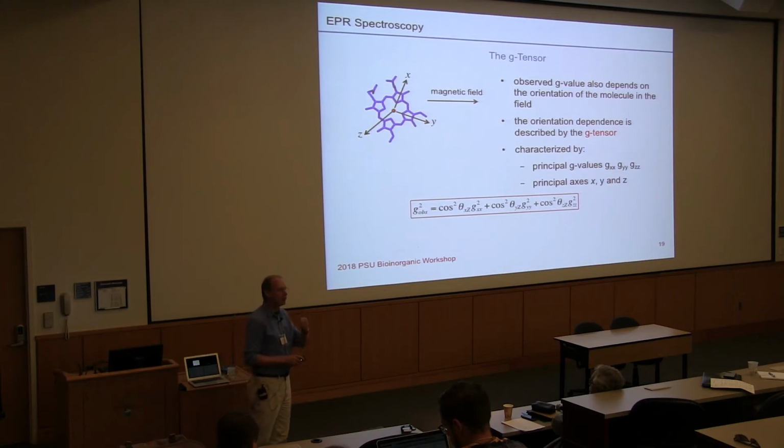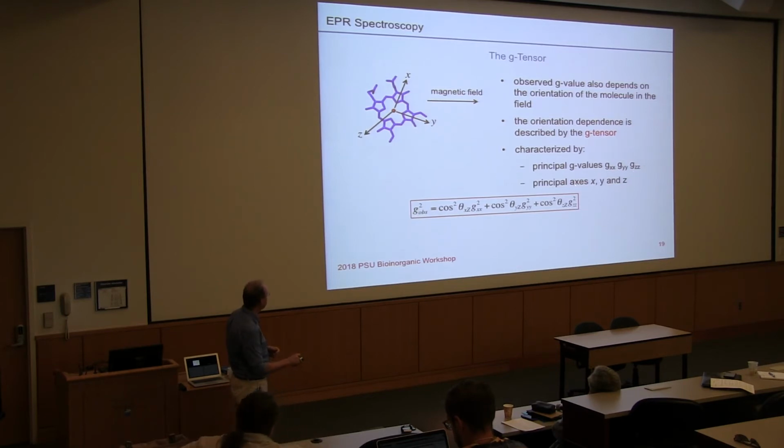Instead of just a single G value, we now have a matrix. And that's characterized by three axes which are fixed in the molecule. And we have three principal G values, which are usually labeled GXX, GYY, and GZZ. And then if I have the molecule in some particular orientation, the observed value can be derived from these three principal values and the orientation of the axes, right?